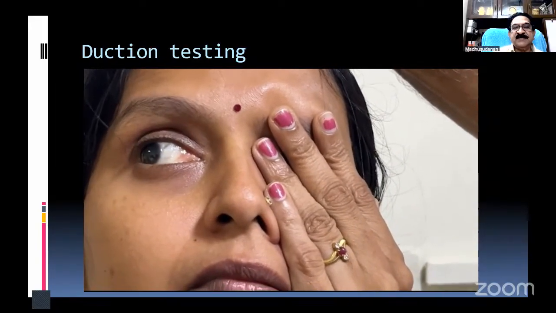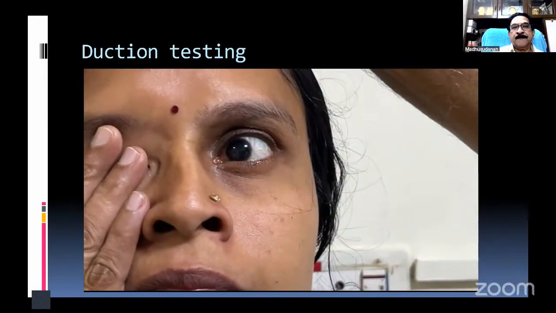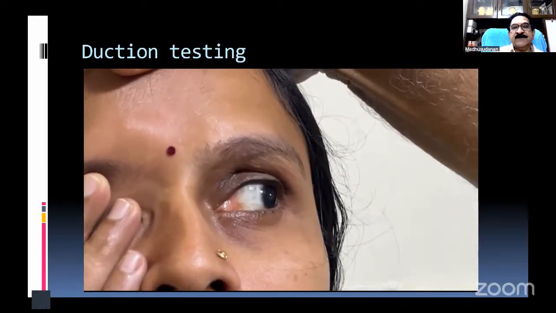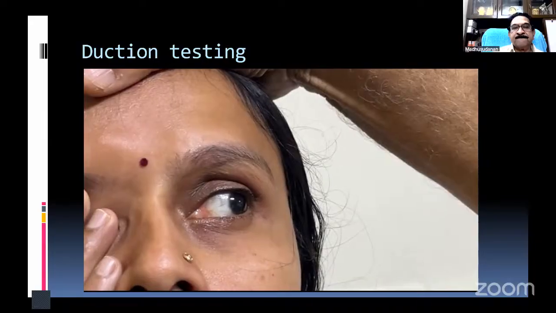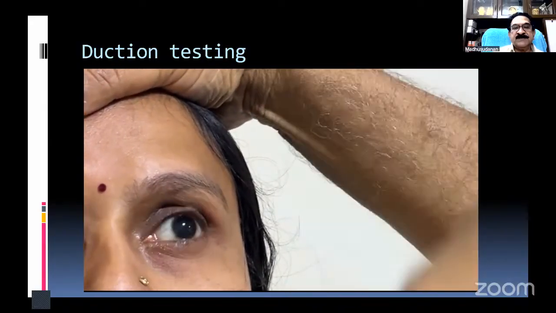Our eye of interest is the left eye. Full range. Again, you get some nystagmus appearing on the left side also with the closed eye, which was not seen initially.